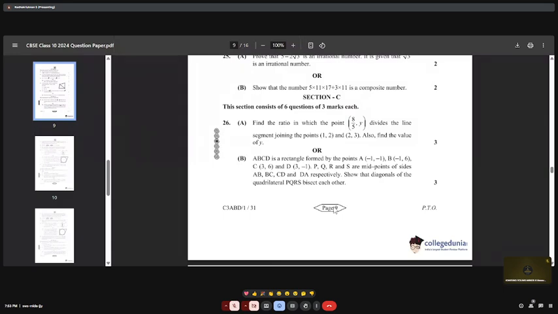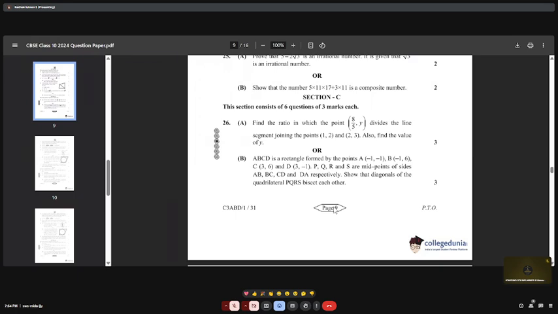Let us put it like this. This is the x component of the distance AC. This is the x component of the distance CB. Let us say this is D and this is E.